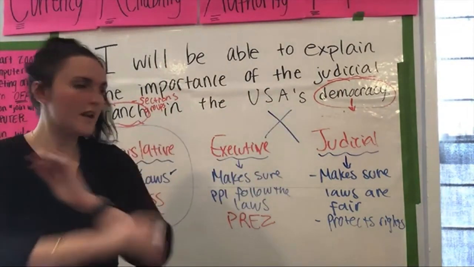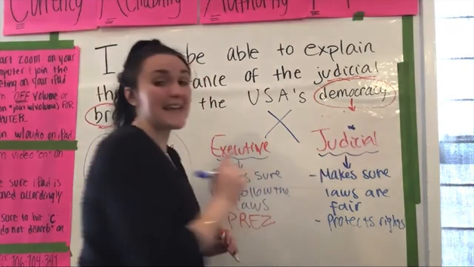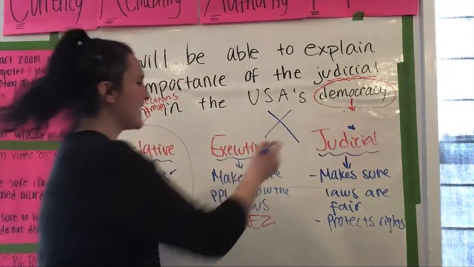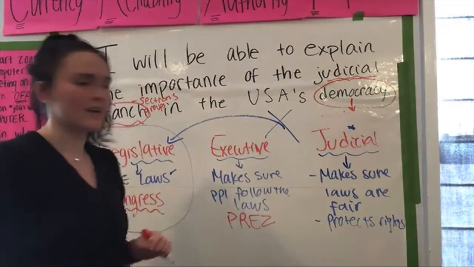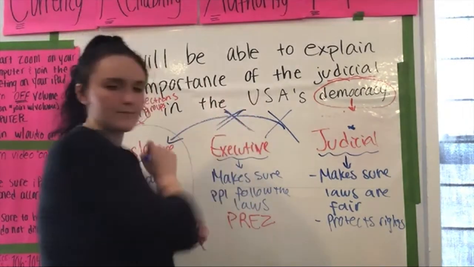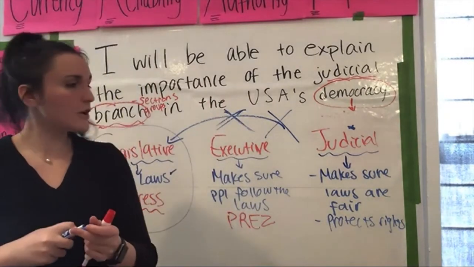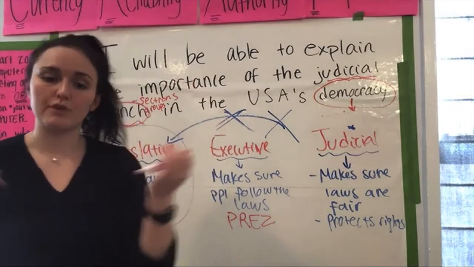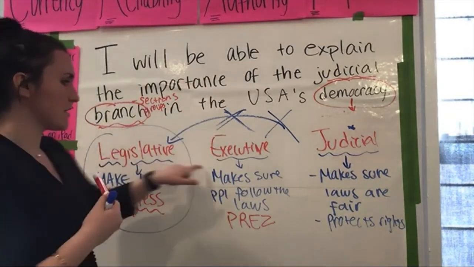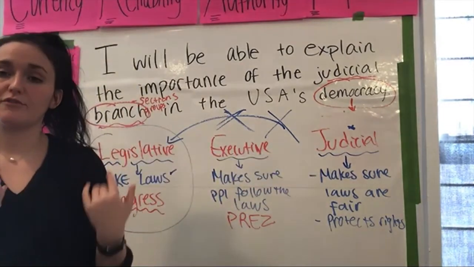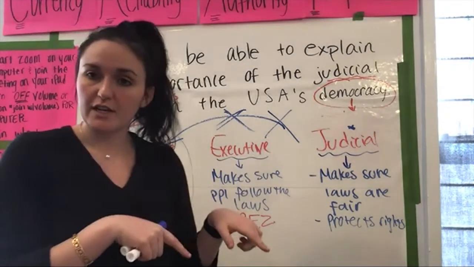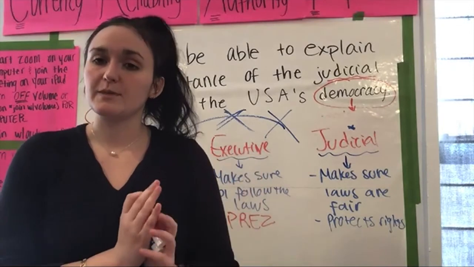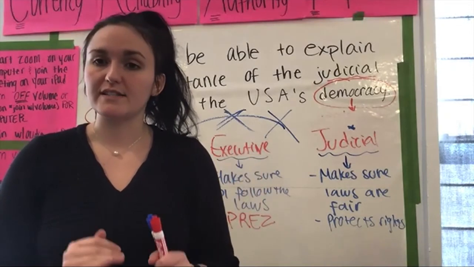Now, the judicial branch can't make a new law, but it can say to the legislative branch, hey, you can't do that. So now we're going to move to a video that gives you a nice visual review of these three branches, which again we learned on Friday. After the video, I'm going to go straight into explaining how to get to your iCivics game today.